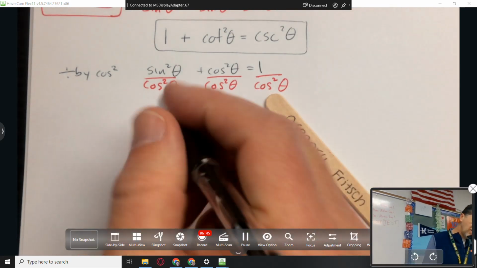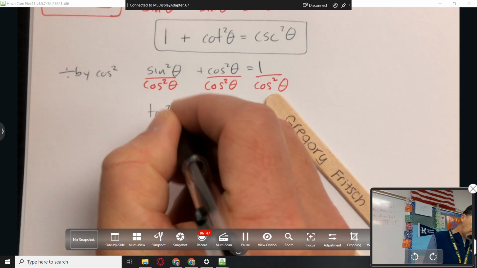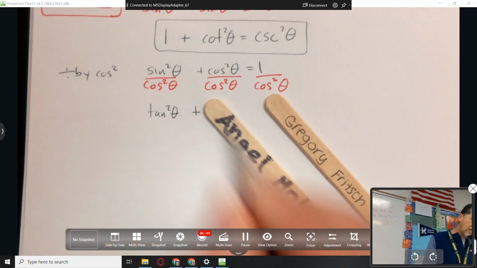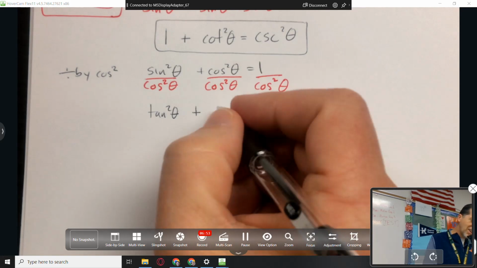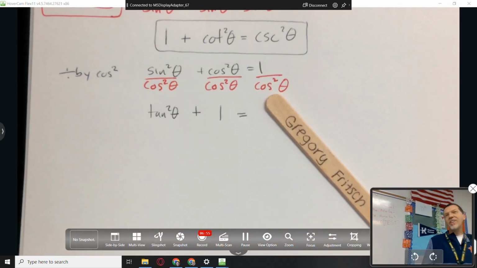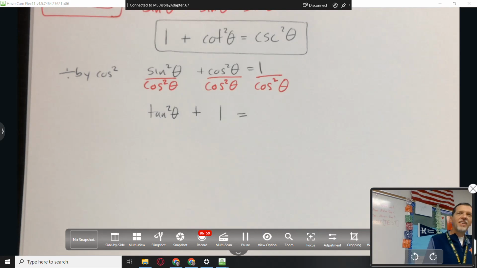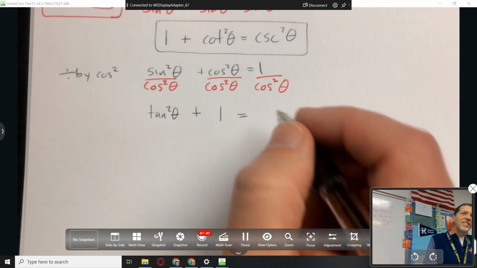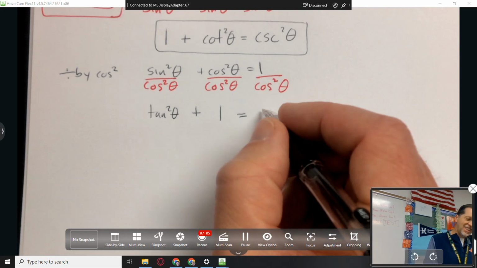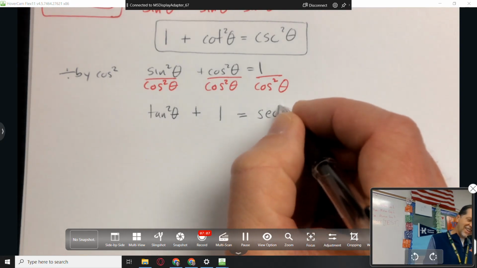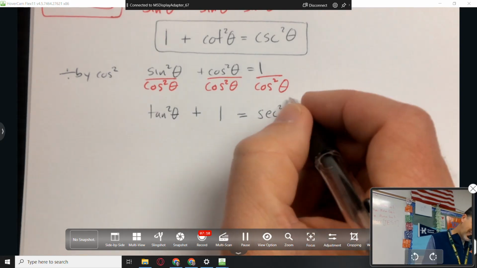Tangent. Angel, you get the easy one. What's cosine over cosine? 1. Gregory, what's 1 over cosine? So you were on the right track. Secant.